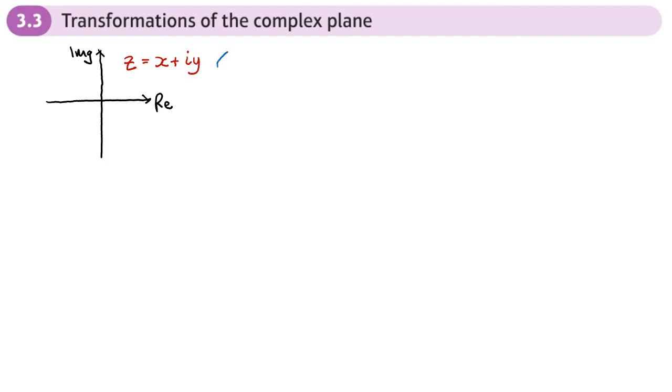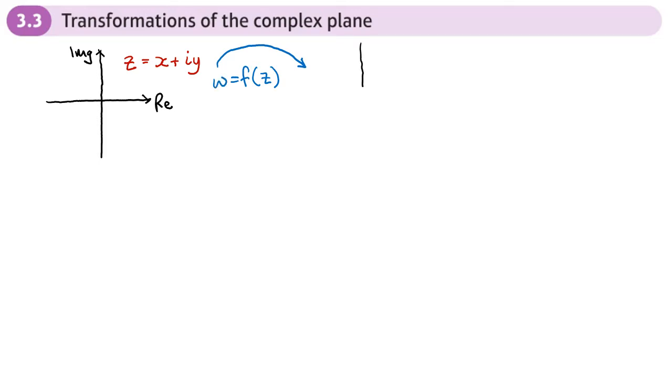Now when we do a transformation of z, the normal notation is we say w is going to equal some function of z. So we're doing something to z and we're calling it w.